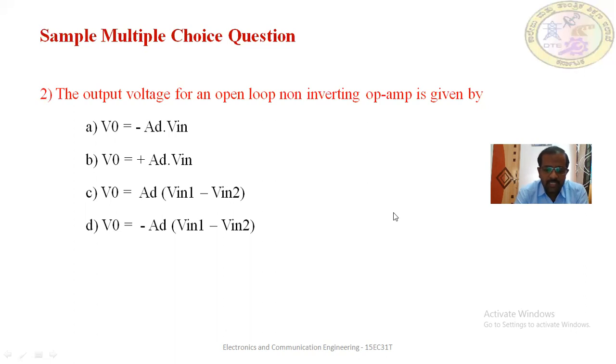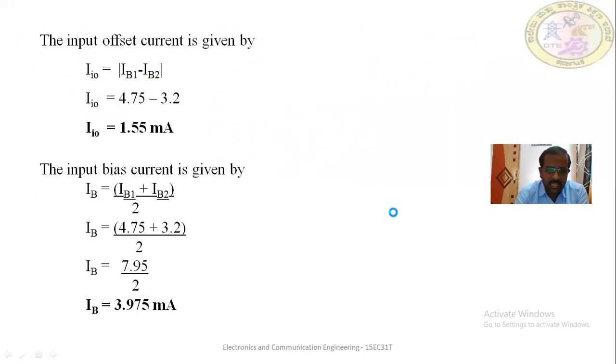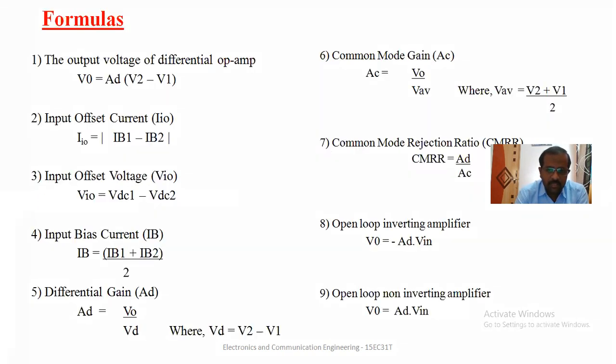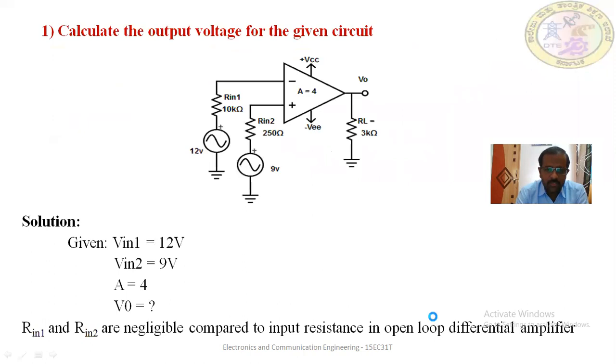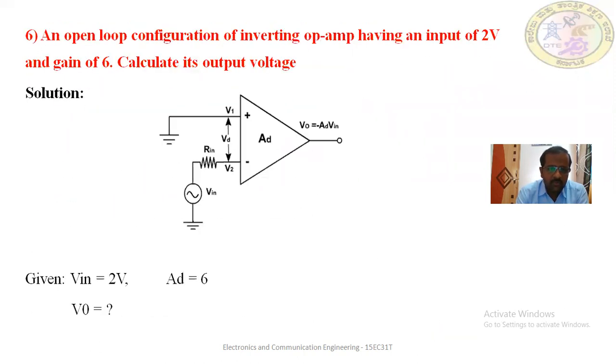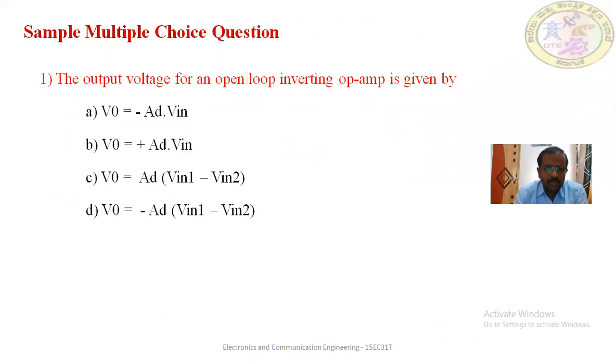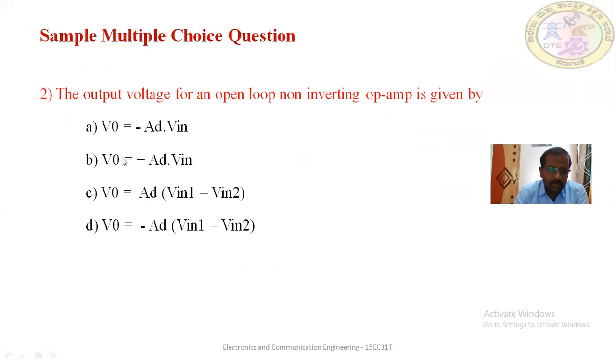If you want, you can see the list of the formulas again. What's the formula for the non-inverting amplifier? The open loop non-inverting amplifier formula is given as V naught is equal to AD into V in. It's positive. So in this case, what will be the option? Option B, V naught is equal to plus AD into V in, is the right answer.